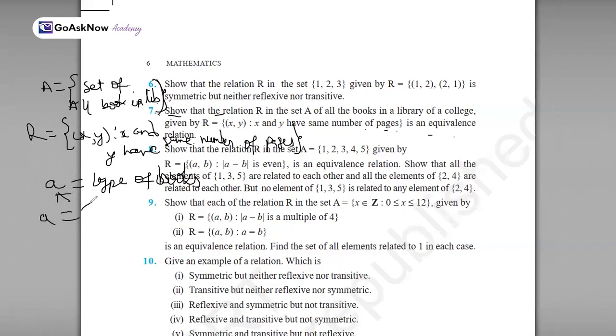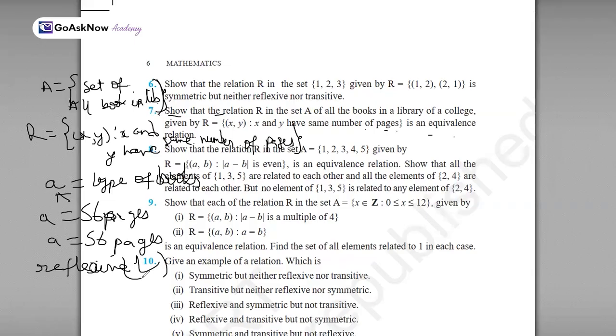If A has 56 pages, then A compared with A also has 56 pages, so it must be reflexive. For each book, it will follow reflexivity because each book contains the same number of pages as itself. So the relation is reflexive.